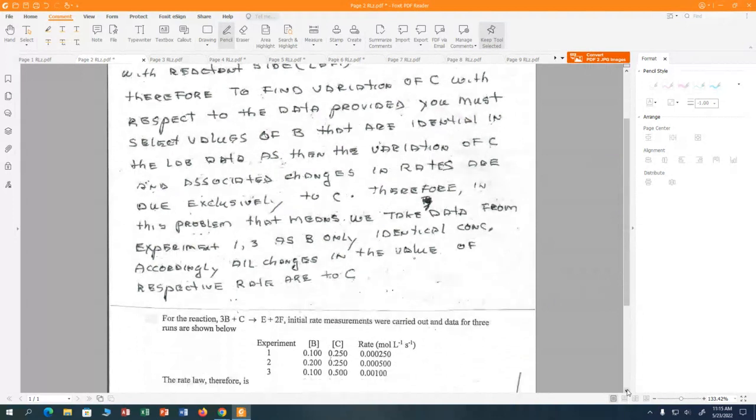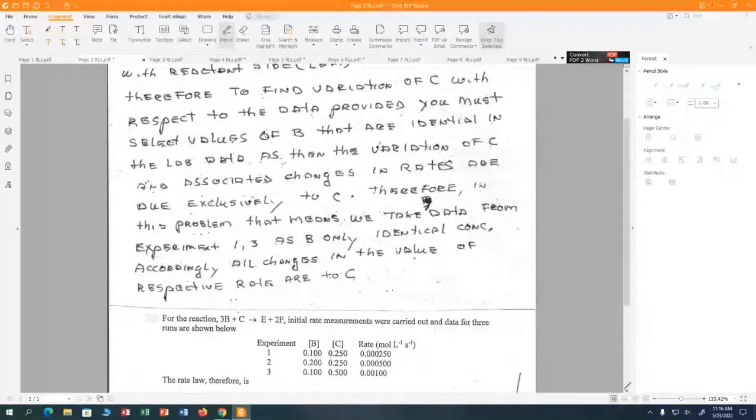We look over here and we see that to find C's variation, we find B and B in 1 and 3, which are identical, so the changes in the rates are due exclusively to the changes in C.